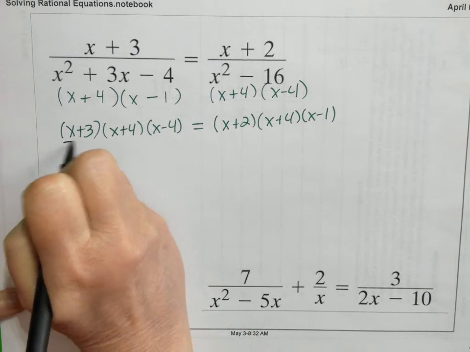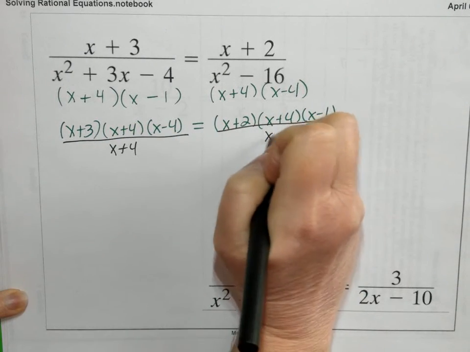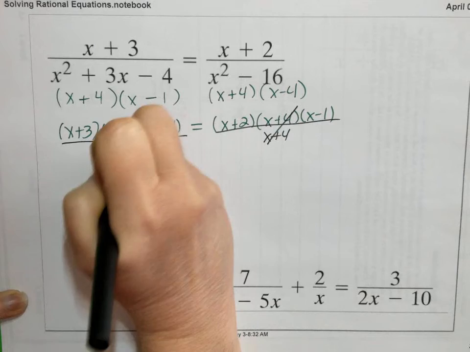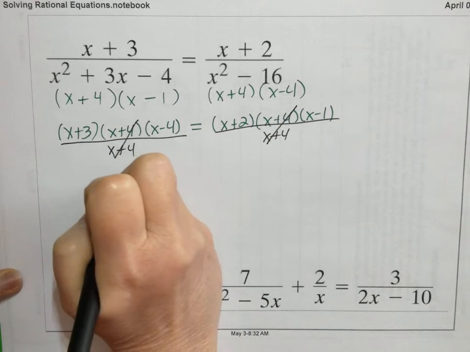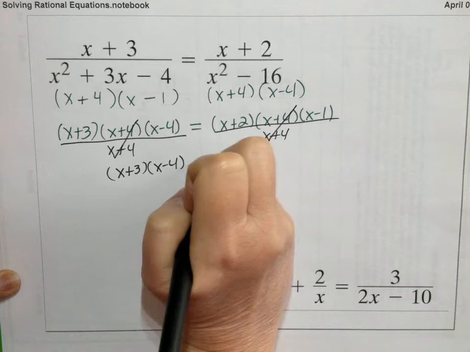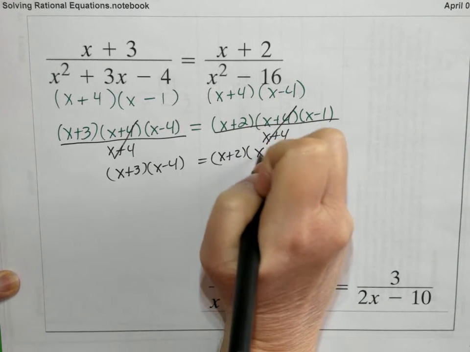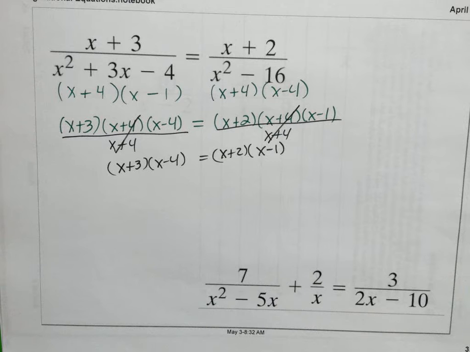So I'm going to divide everything by x plus 4, and those go away. Now I have x plus 3 times x minus 4 is equal to x plus 2 times x minus 1. And since I can't do anything else with that, I guess I have to multiply them out.